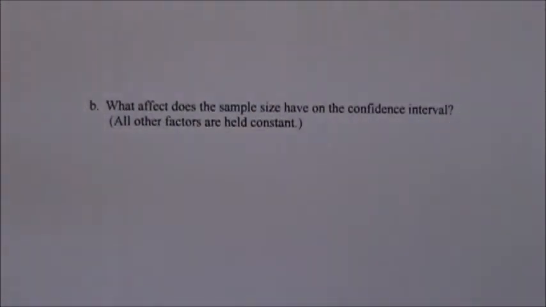The second part of this question asks, what effect does the sample size have on the confidence interval? So we found that the sample size resulted in the margin of error getting smaller as that sample size got bigger.